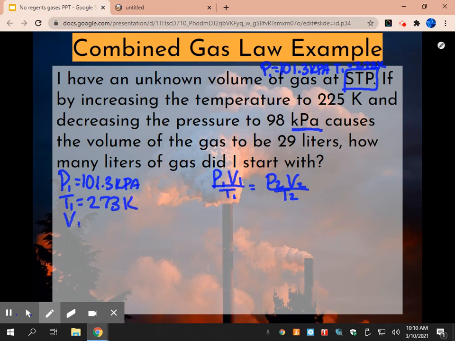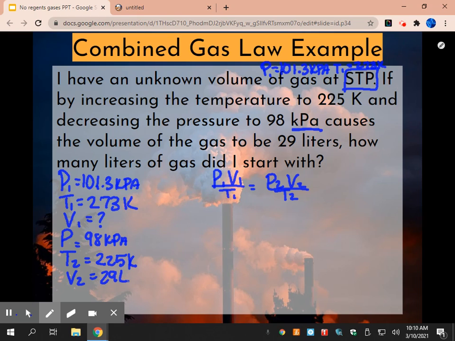And then my V1, well, the question says how many liters of gas did I start with, so that's my question mark. I don't know that one yet. My P2 was 98 kPa. My T2 is 225 Kelvin. And my V2 is 29 liters.